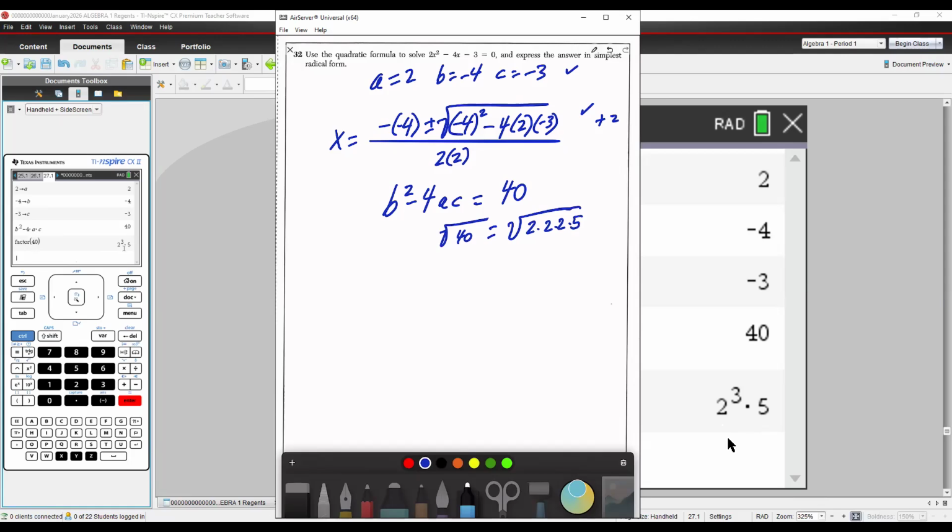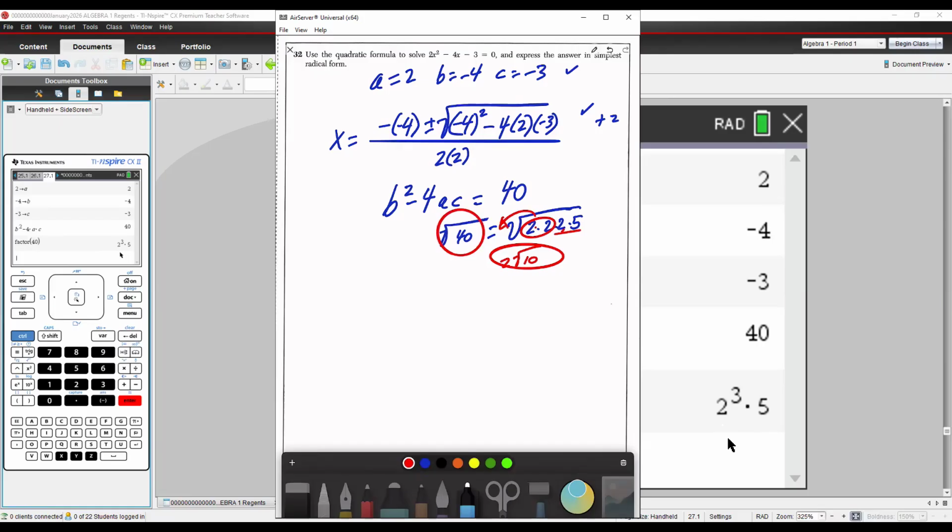I just expanded it out. Remember my rule, you're just looking for pairs. Every pair that you find, you can bring outside. So that's the only pair that I have. So this is going to be 2, and then 2 times 5 is 10. So this is the simplified form of this radical. The square root of 40 is equal to 2 times the square root of 10.